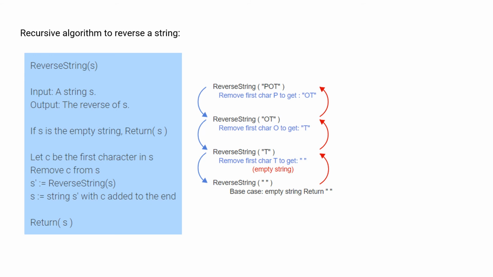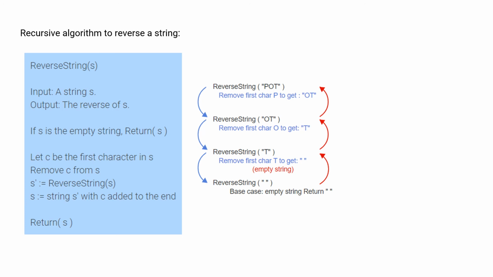So let's see this done with a simple string called POT. So we're starting out, our input is POT. And so we'll call this algorithm reverse string for POT. So we'll come down here and see that the first statement says if S is the empty string, return S. But it's not, so we're going to go on down to the next statement.